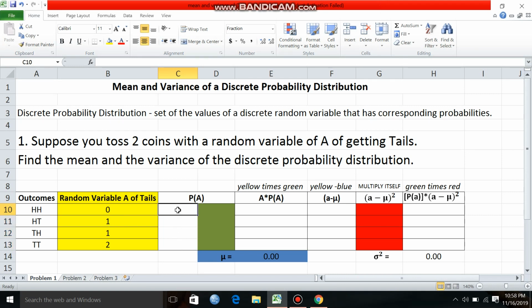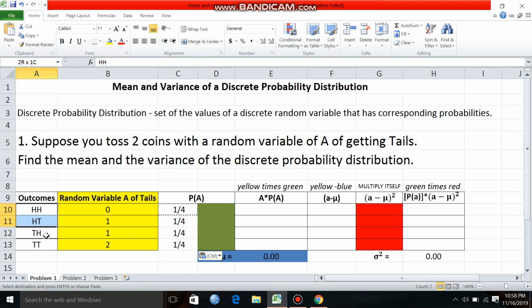Now for the probability, if we flip two coins, there is only one HH out of 4 outcomes, so the probability is 1/4. HT is also 1/4, so we just copy 1/4, 1/4, and 1/4.